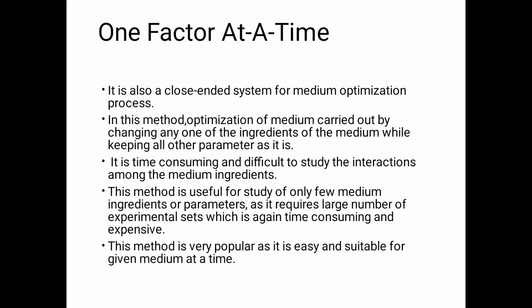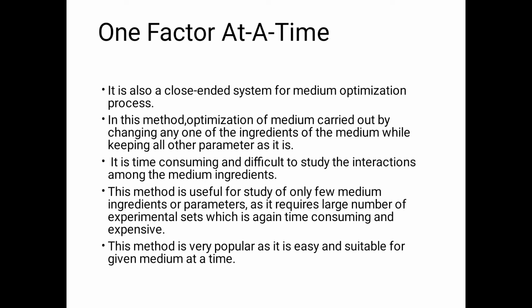In this, what you're going to do is change the concentration or the type or source of an ingredient one by one. Today if I am going to change carbon concentration, tomorrow I would change phosphorus. Or today I'm taking malt extract as carbon source, next day I would take corn steep liquor as a carbon source, like that.